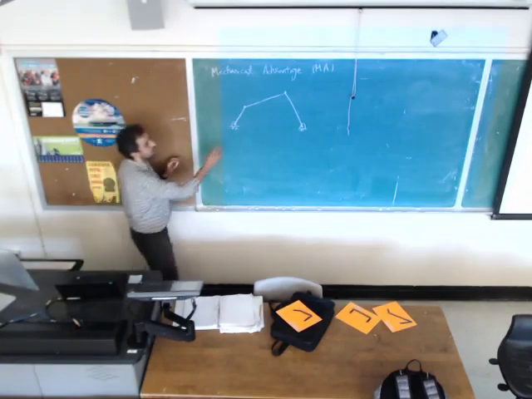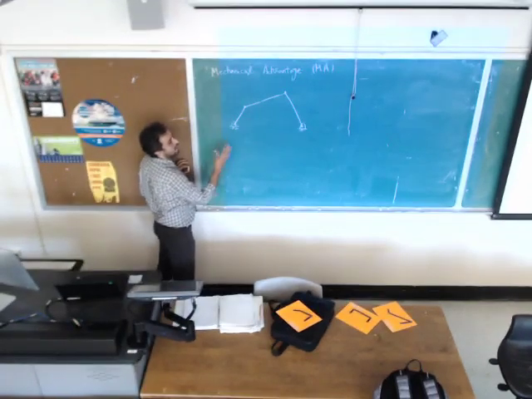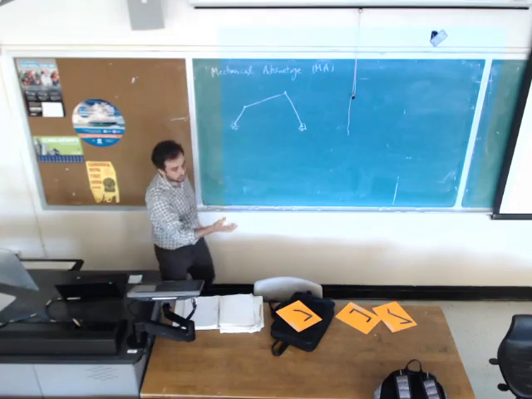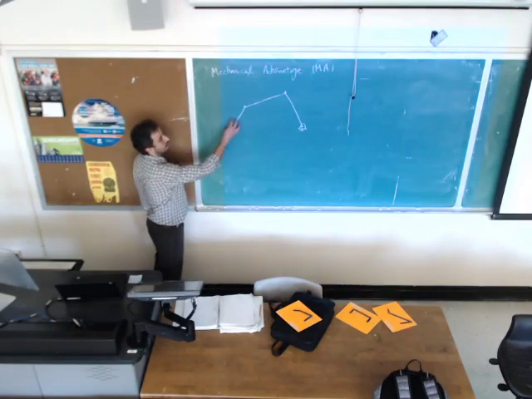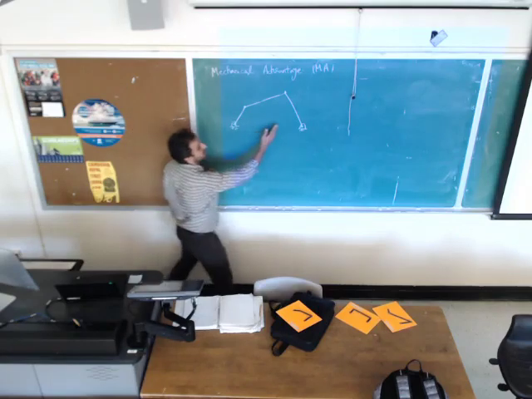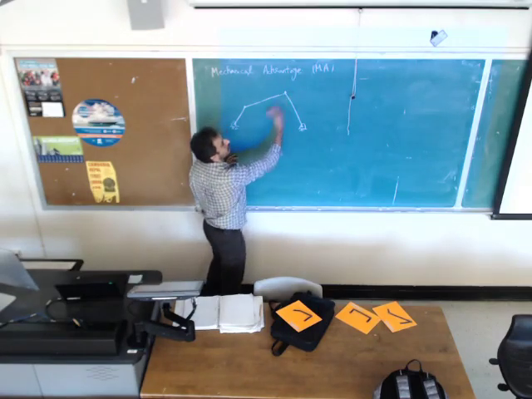Usually one of the links is called the input link, where you put the motor or apply the input power or motion, and you will get the output or desired motion on the other links.